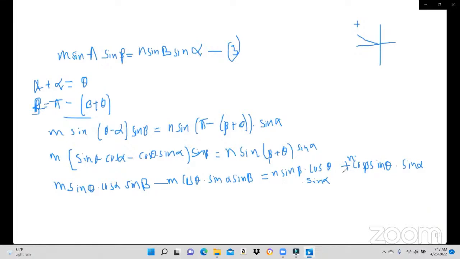So now I will divide the total equation by sine theta into sine alpha into sine beta.